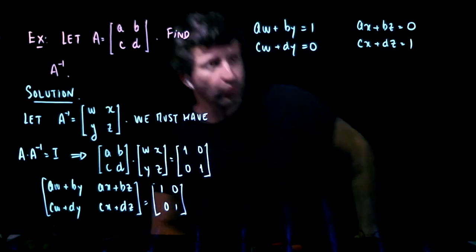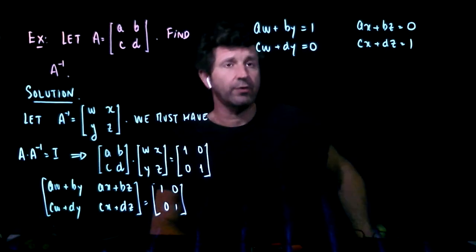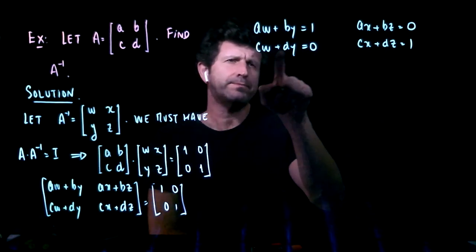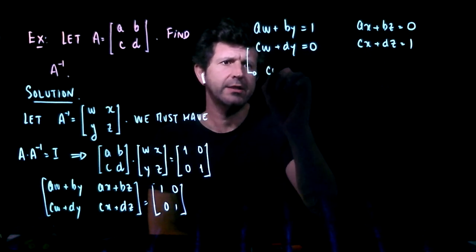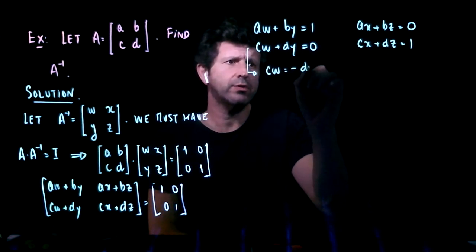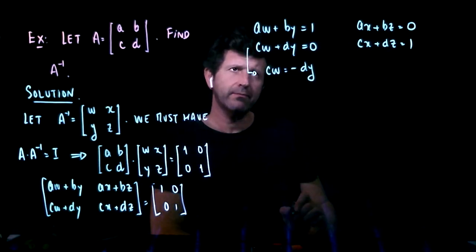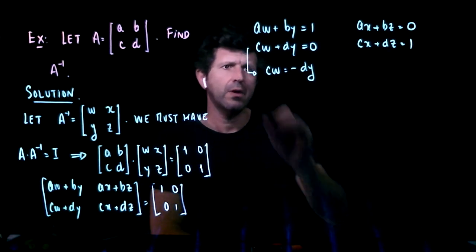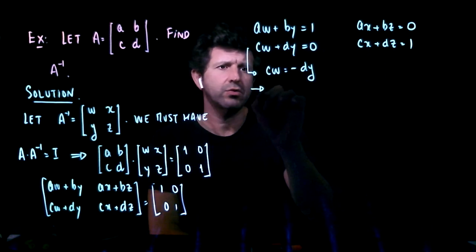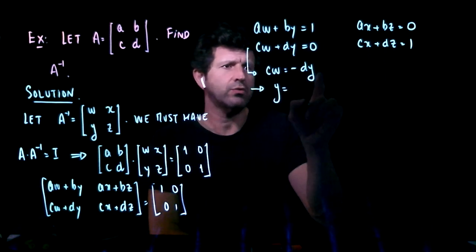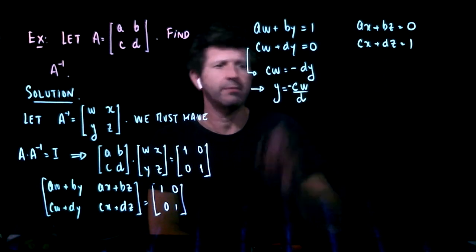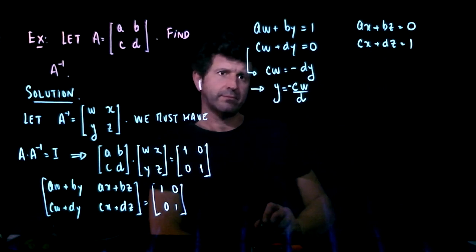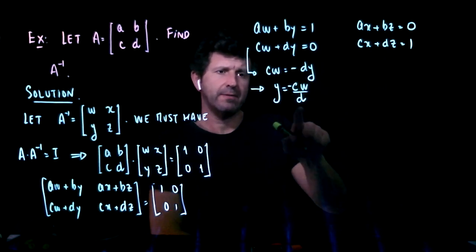Okay, so let's see what we can do here. From here, I see that CW is equal to negative DY. And so Y is equal to negative CW over D. Okay, if I isolate Y here, that's what I get.